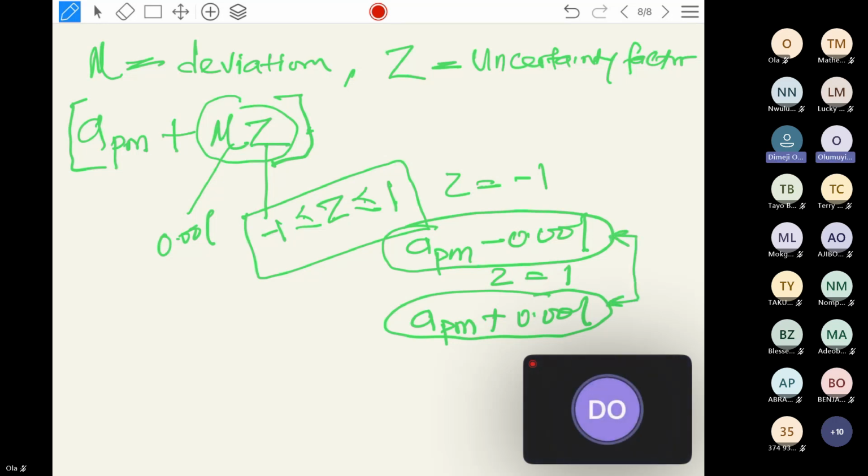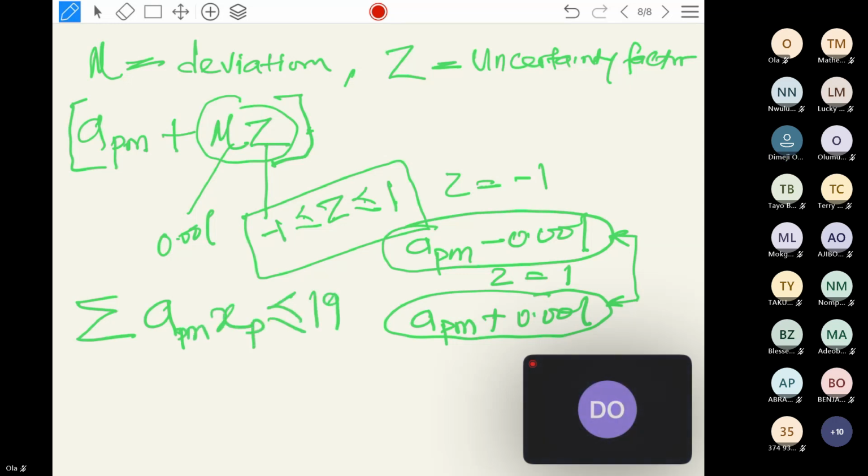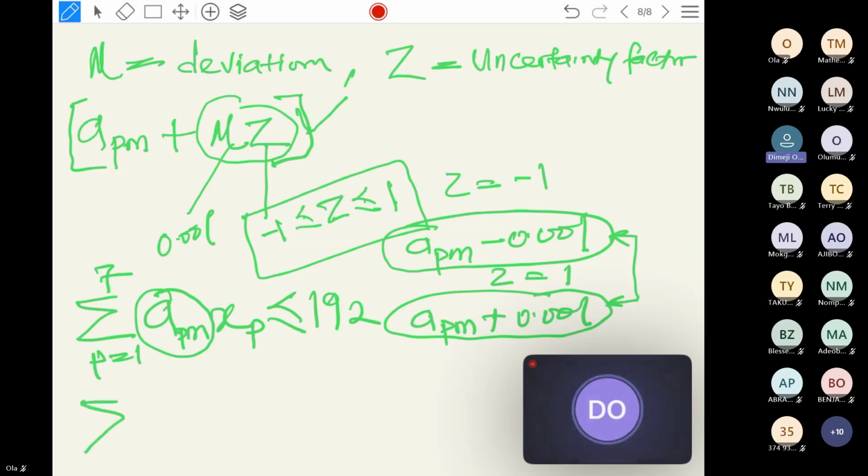This is what you are now going to put into the equation that you have. So earlier we gave these constraints: APM, XP, so this particular parameter becomes this. So you put this there.